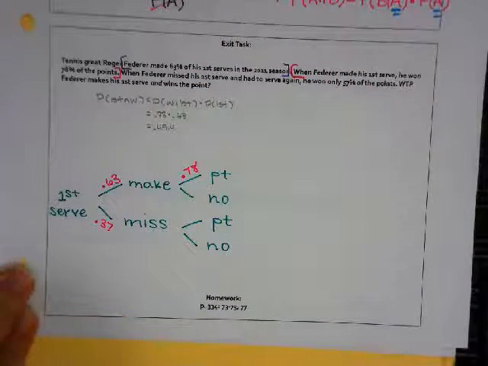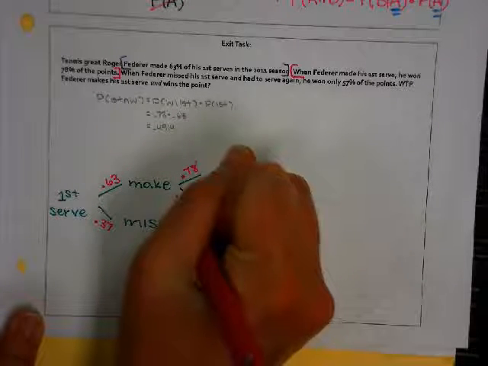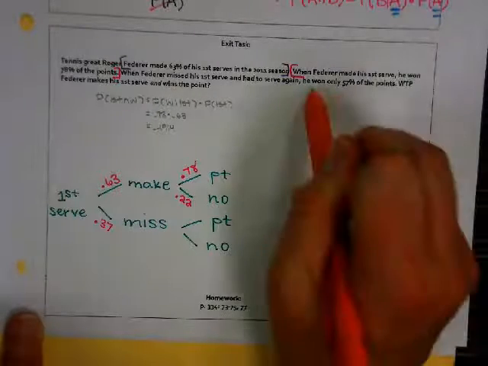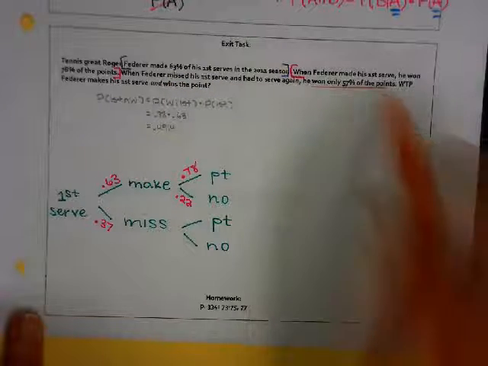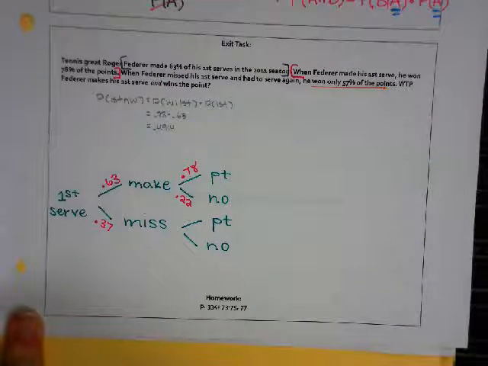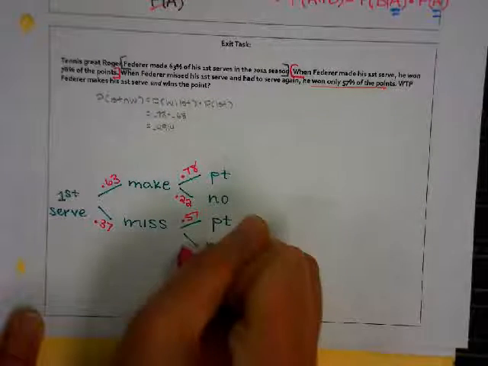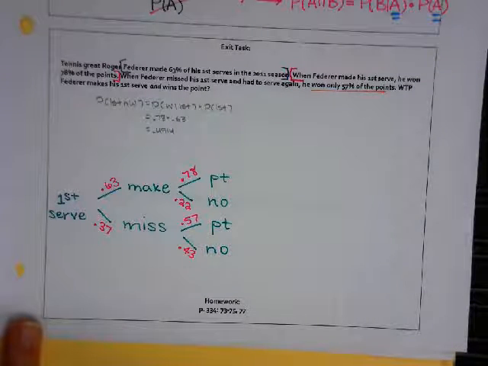And then it tells us that when he missed the first serve and had to serve again, he wins 57% of the points, which means that when he misses and tries again, he doesn't get a point 43% of the time. So using a tree diagram is possible with this, but it's kind of overkill because the only one we need to know is this one right here.